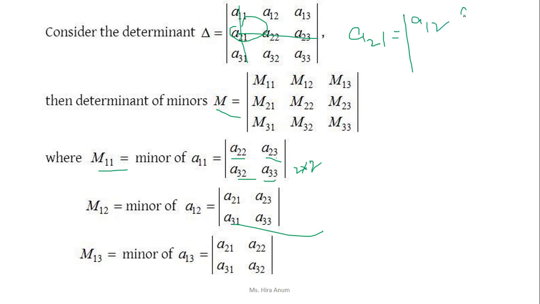A12, A13, A32, A33. Similarly, A22, ignore this row, ignore this column, then A11, A13, A31, A33. Then taking A23 and ignoring this row and column, it becomes A11, A12, A31, A32.